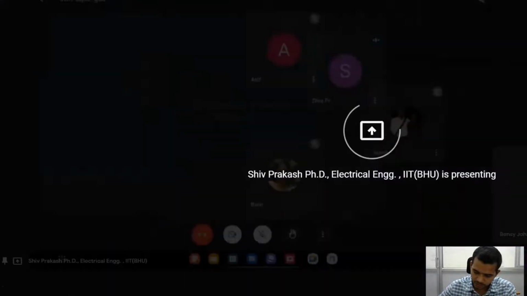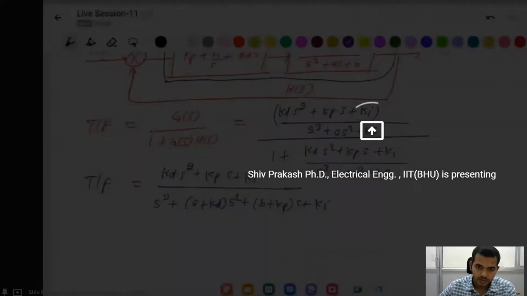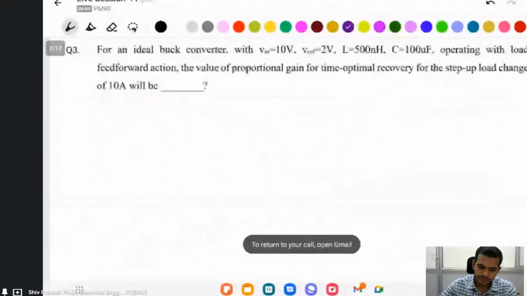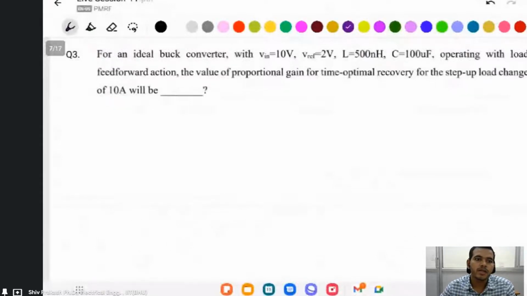I'm going for question number 7. For an ideal buck converter with V in 10 volt and V reference is 2 volt, an inductor and capacitor given, operating with a load feed forward action, find the value of proportional gain for time optimal recovery for the step of load change.